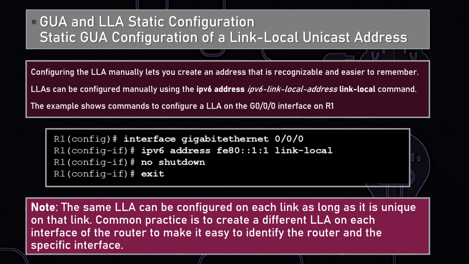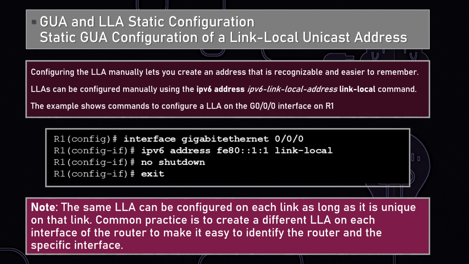Now, LLAs can be configured manually using IPv6. We type in the address, and then we put in link-local at the end. So in this case, we have the same interface, int gigabit ethernet 0/0/0, ipv6 address FE80::1 link-local.